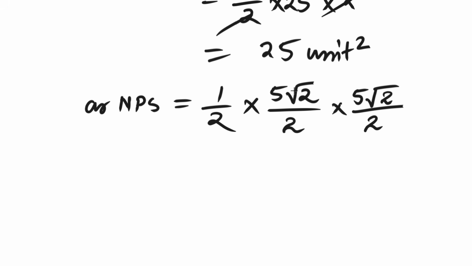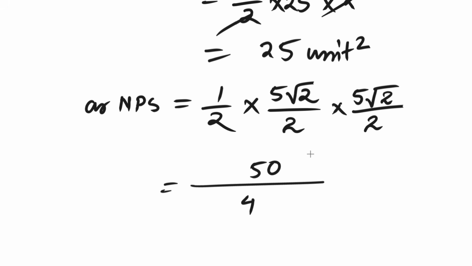Let's simplify the multiplication inside first. 5 square root of 2 multiplied by 5 square root of 2 gives 25 multiplied by 2, which is 50. The denominators give us 2 multiplied by 2, which is 4.